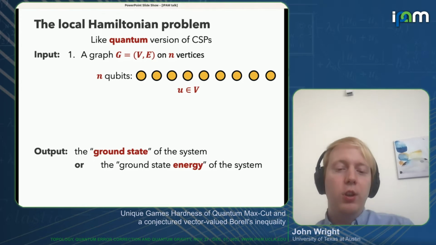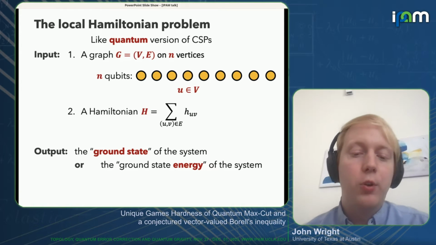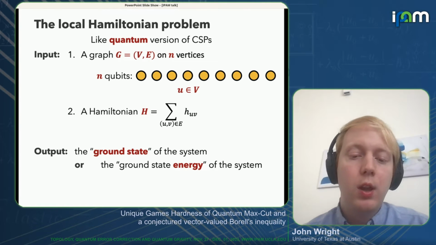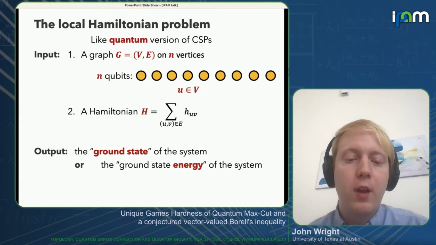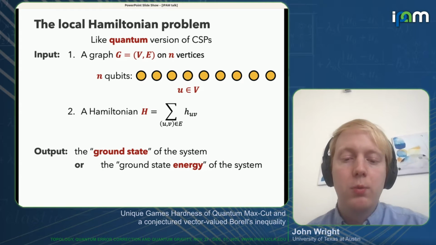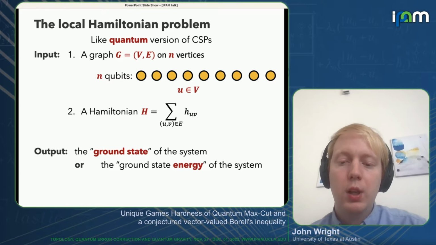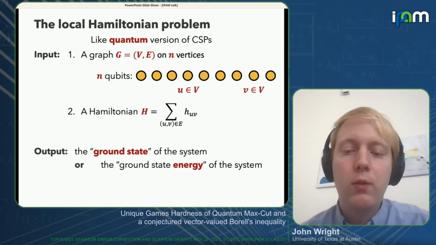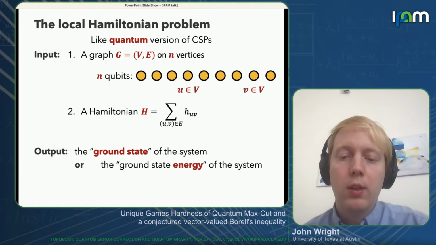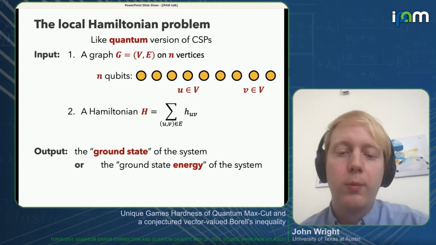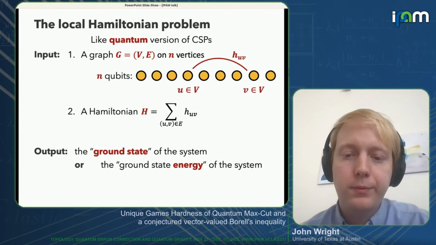And then in addition to this graph, we're also going to be given a Hamiltonian H. The Hamiltonian H is going to be the sum over every edge in the graph of H_UV, which is a local term on qubits U and V. So if U is this qubit here and V is this qubit over here, then H_UV is just a local term that acts on both of them.